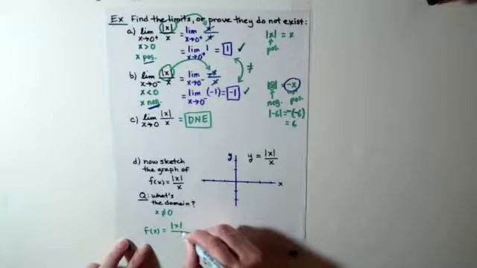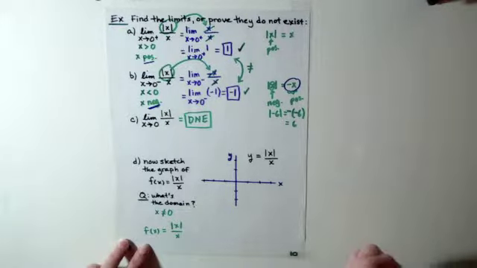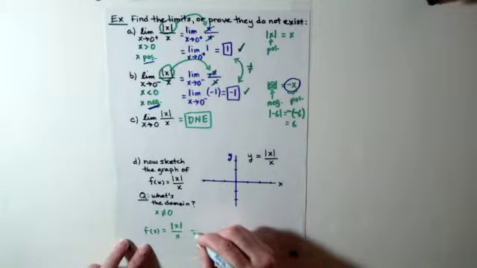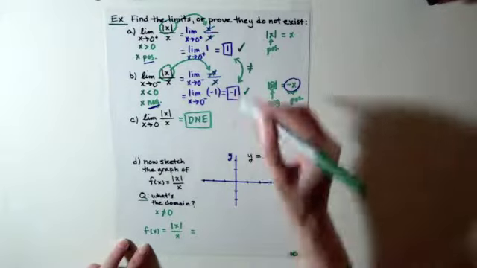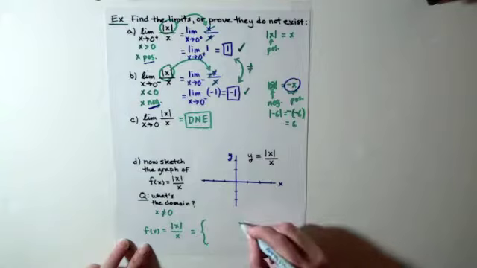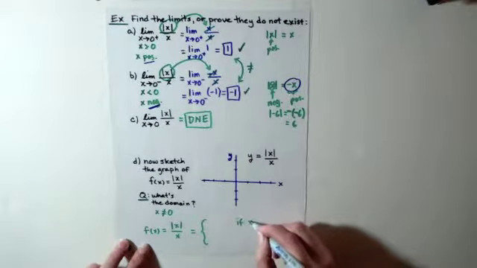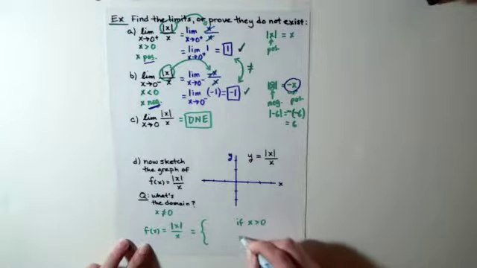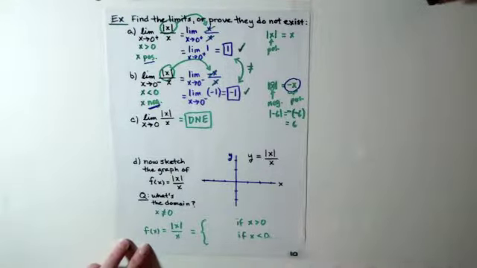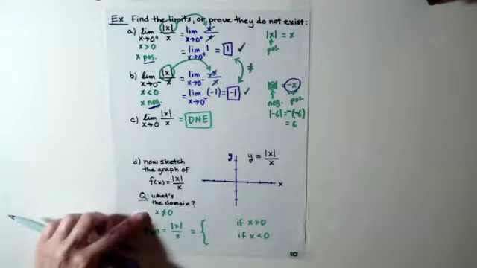If you want to graph this function, it's not too hard to do. You just have to consider the case where x is greater than 0 and the case where x is less than 0 separately. So we could go ahead and simplify in exactly the way that we did up here when we were doing our limits. And remember, we can't allow x to equal 0.